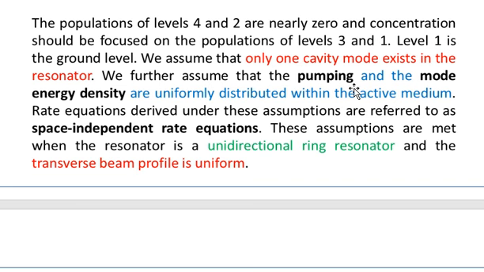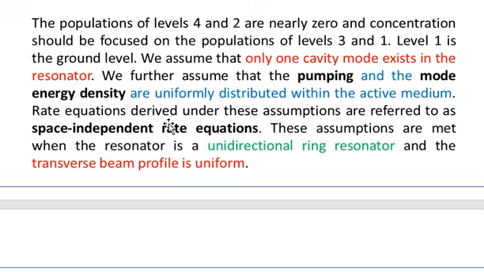We further assume that the pumping and the mode energy density are uniformly distributed within the active medium. So our calculations will be based on that. That is, the pumping is uniform and the energy density is also uniformly distributed within the active medium.